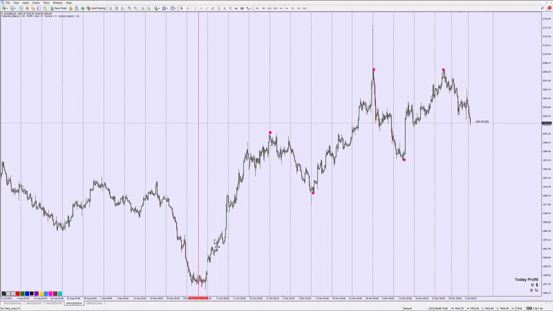I connect these dots, and then you can see the whole waves of the price. It's easier to connect them and analyze them. The last leg is still going on, so we don't know where it's going to end. You connect these with trend lines, the first one to the second one, and it goes on like that.